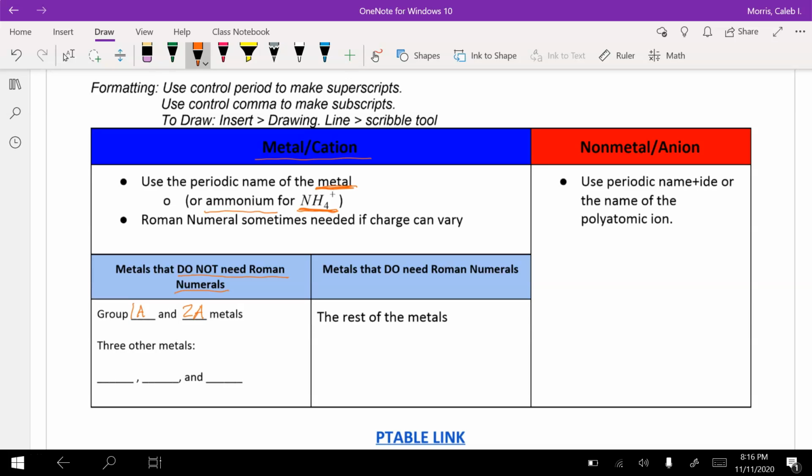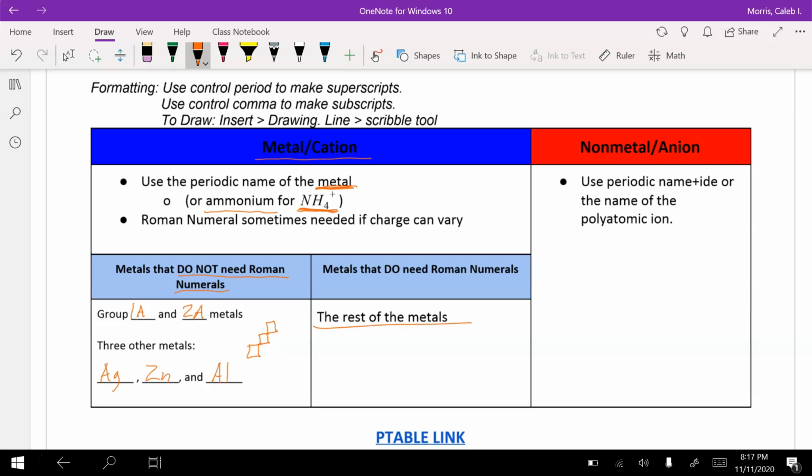That's silver, zinc, and aluminum. And if you'll remember, silver, zinc, and aluminum are all on a diagonal to each other. Silver at the bottom, then zinc, and then aluminum. Those are the ones that do not need a Roman numeral. Okay, so group 1A, group 2A, silver, zinc, and aluminum.